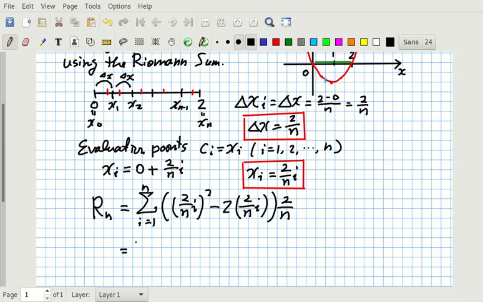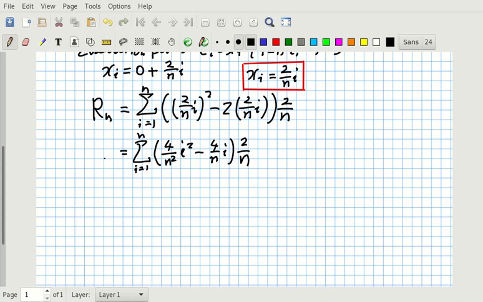This is equal to the sum, i from 1 to n, of 4 over n squared i squared minus 4 over n i, times 2 over n.